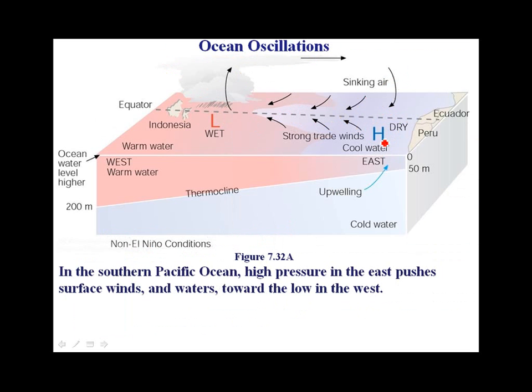sea surface temperatures, pressure patterns, high pressure over the eastern equatorial Pacific, low pressure over the western equatorial Pacific during non-El Nino conditions. We have very deep, warm water over the west. We have a shallow pool of slightly warmer water, but overall the surface water is cooler in the east compared to the west.